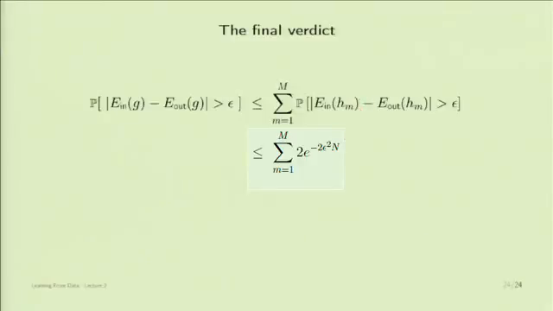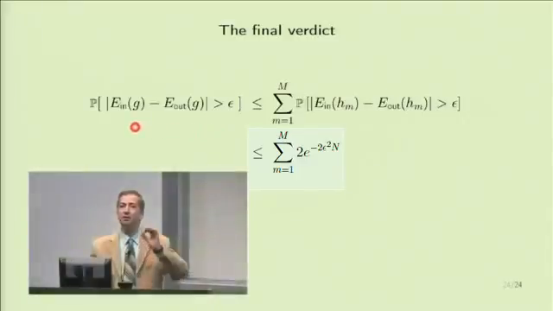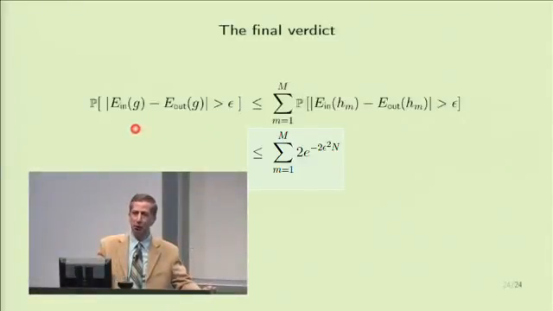So now I can be confident that the probability that I am interested in, which is the probability that the in-sample error being close to the out-of-sample error, the closeness of them being bigger than my tolerance, the bad event, under the genuine learning scenario.